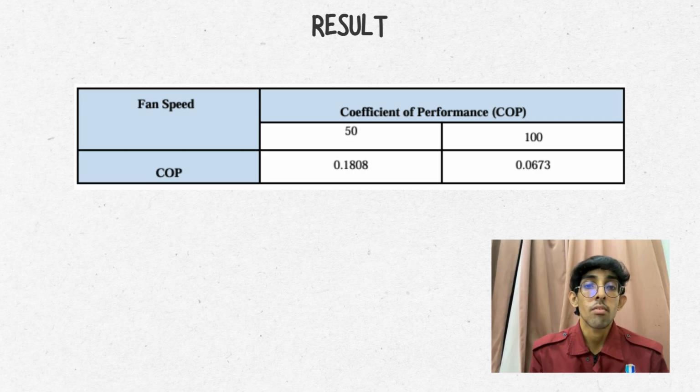When we increase the fan to 100% speed, the COP dropped drastically to 0.0673. This decline shows that a higher airflow rate does not always mean better performance. In fact, it can lead more to energy waste.